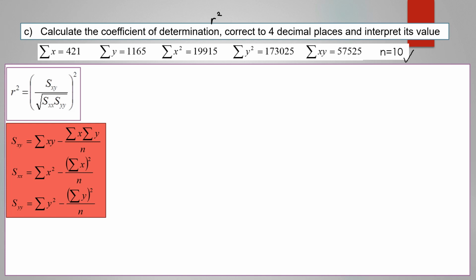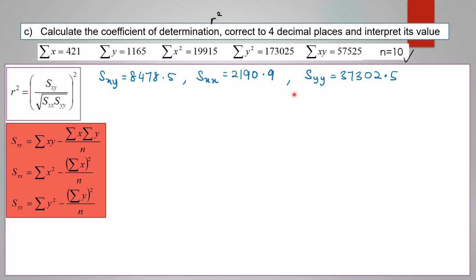From the beginning, we already found the values of sxy, sxx and syy, where sxy equals 8,478.5, sxx is 2,190.9, syy is 37,302.5. So these are the values that we got earlier.